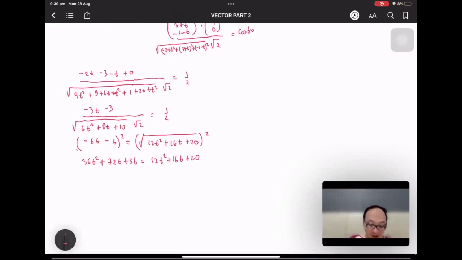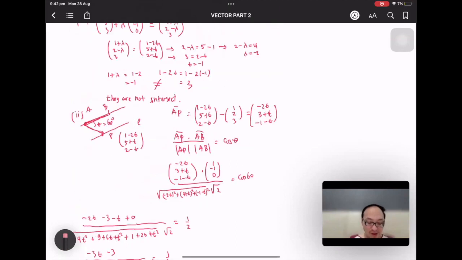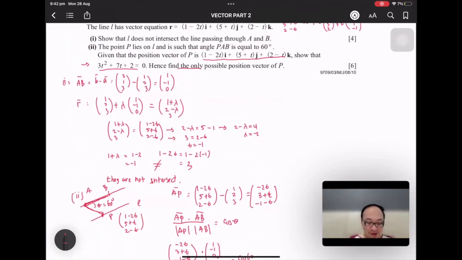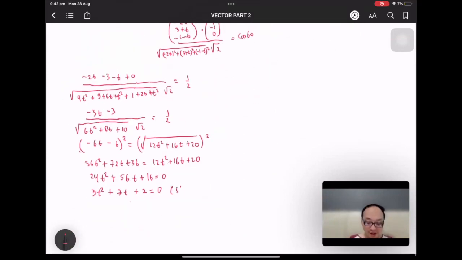Then we simplify it: 24t squared plus 72 minus 16 is 56t plus 16 equals 0. Then we divide by 8: 3t squared plus 7t plus 2 equals 0. So this is equal to this, so this is shown.